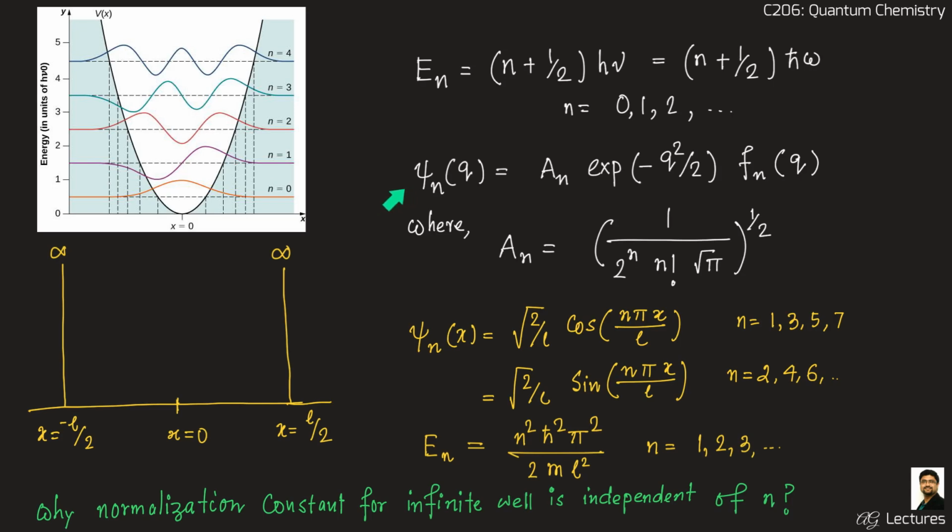Whereas here, we know that this particular part, which is the asymptotic part, is independent of n, no problem. But this fn, which is a polynomial of degree n, becomes a larger and larger polynomial as n goes to infinity. When n really approaches infinity, fn becomes an infinite series, and we know that when fn becomes an infinite series, it behaves like e to the power q square.